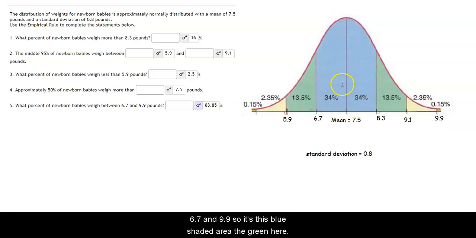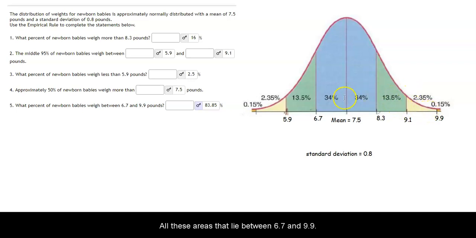So it's this blue shaded area, the green here, and just the yellow here. So that's going to be this 68% here plus 13.5 plus 2.35%. Add all those together and it will be 83.85%. That's where that comes from. It's this 34% plus 34 plus 13.5 plus 2.35, all these areas that lie between 6.7 and 9.9.